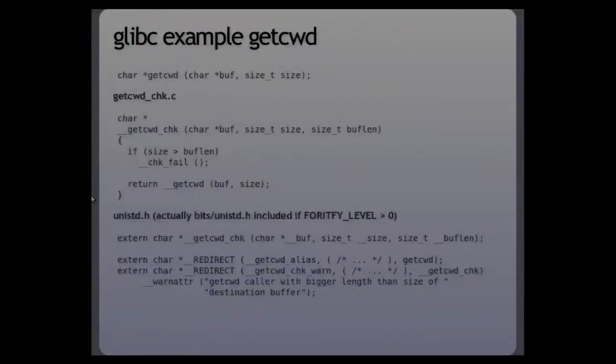So here is one example that's really nice and small and immediately shows why this is so useful and why I think everybody should add it. You have a checked version of get current working directory. You give it a buffer and you claim the size of the buffer.